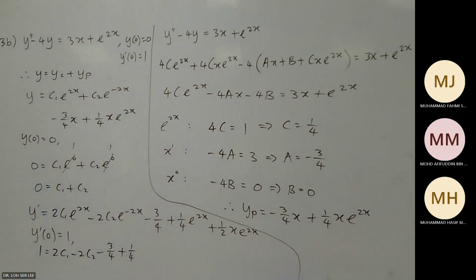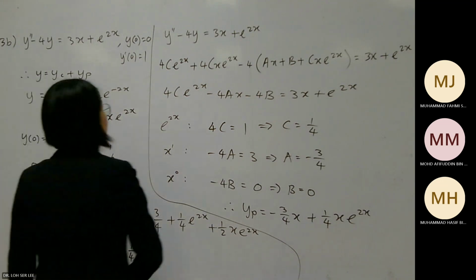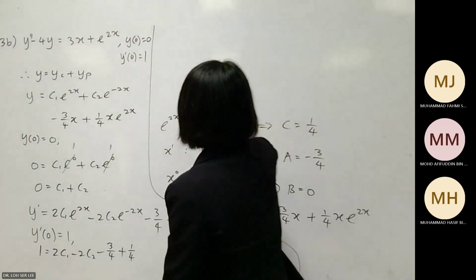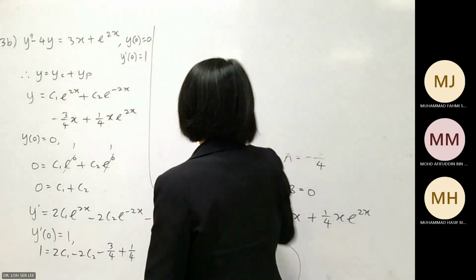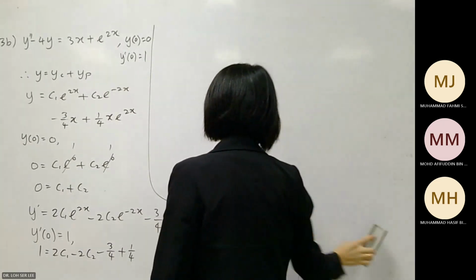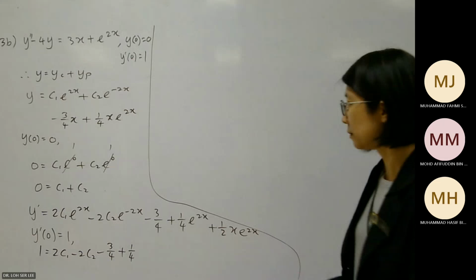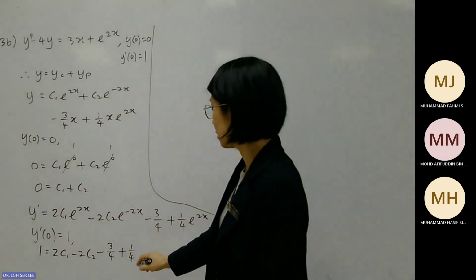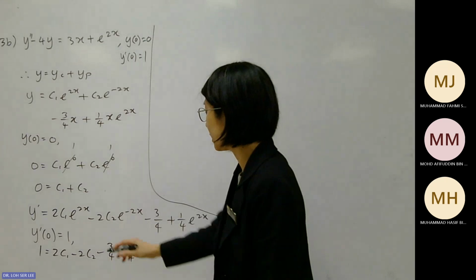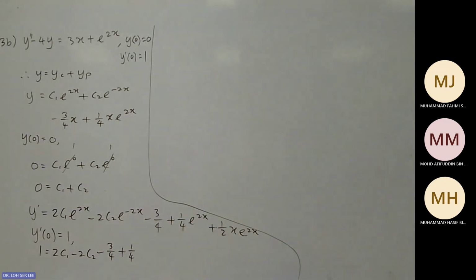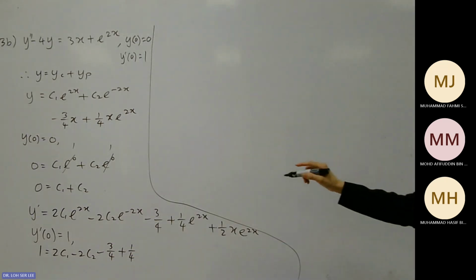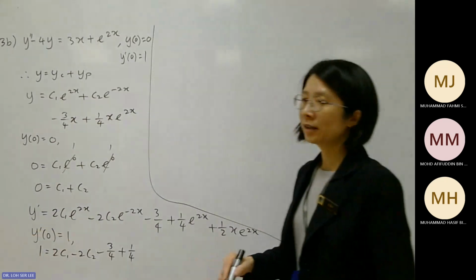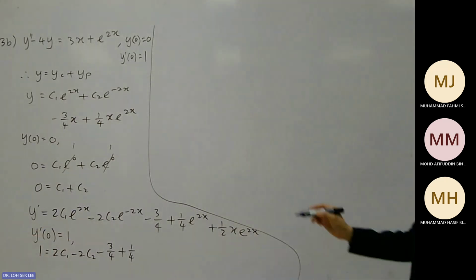Okay, simplify. 1 over 4 minus 3 over 4, you get negative 2 over 4, that means negative half. When we move it to the left, it will be 1 plus half, 3 over 2.